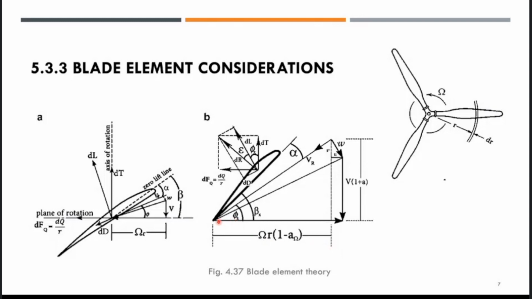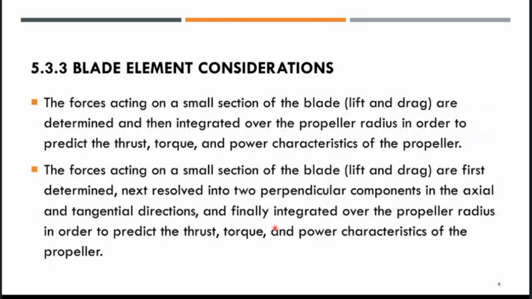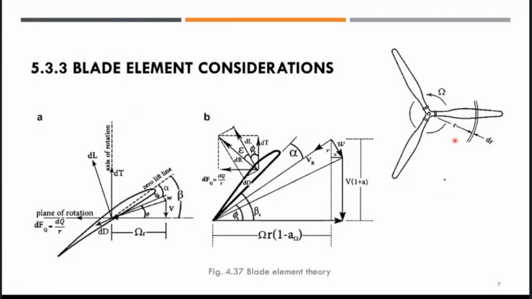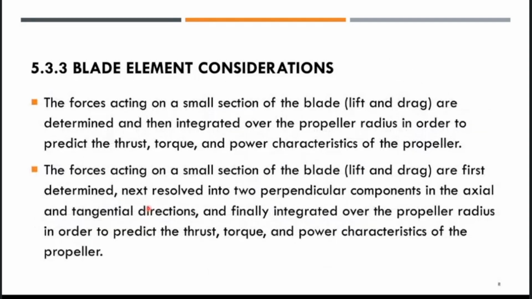There are explanations with regard to figure 4.37a as well as 4.37b. These show the forces acting on a small section of the blade. We are considering only a small section of the blade, for example this particular region, where we cut a cross section, which determines the lift and drag.